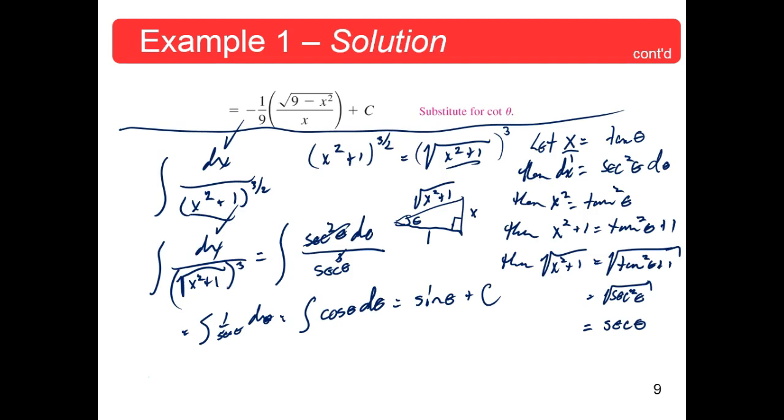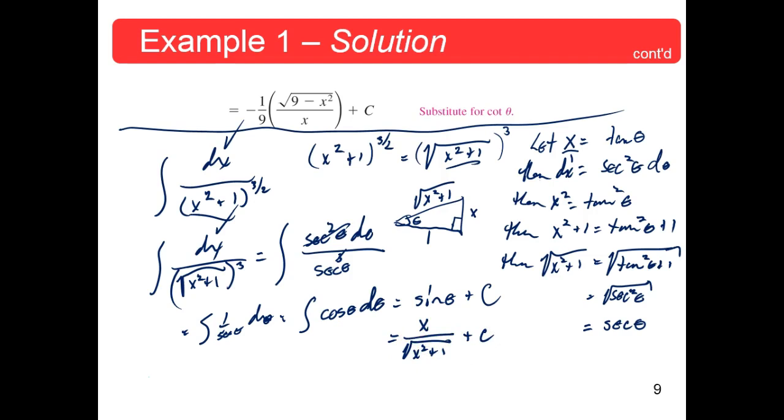So what is sine? If tangent theta is x over 1, what is sine theta? It's what? It's opposite over hypotenuse, which is x over the square root of x squared plus 1. Let's see.